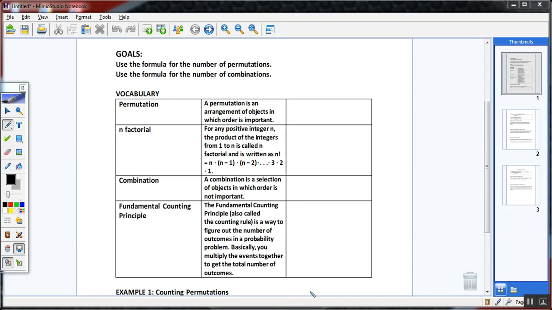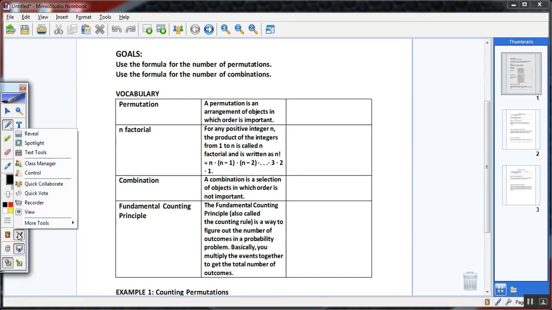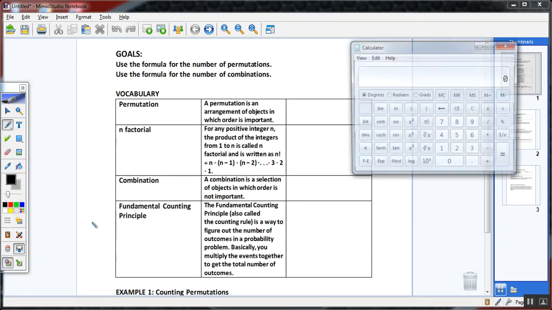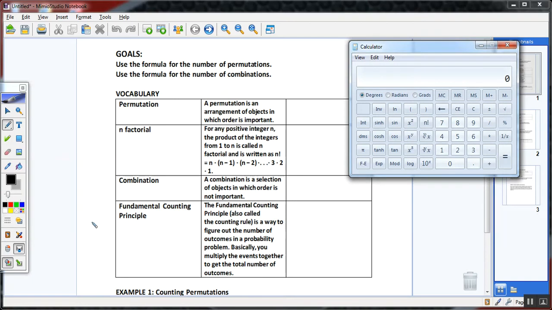It does, doesn't it? Okay, you want to know how much that is? In your calculator, if we want to multiply a lot of numbers all the way down to 1, you should be able to hit a button, see this little exclamation point right here?